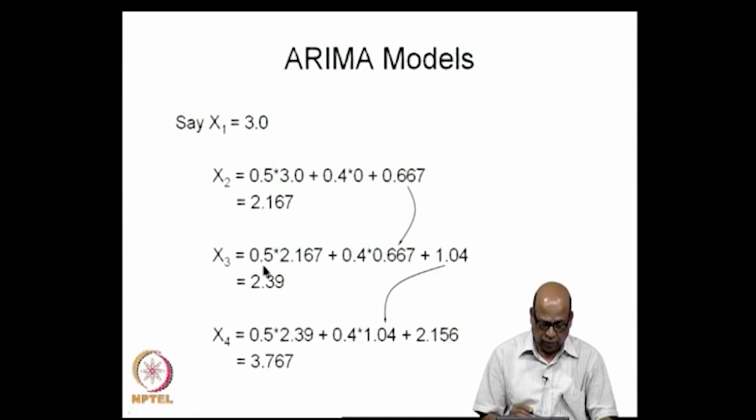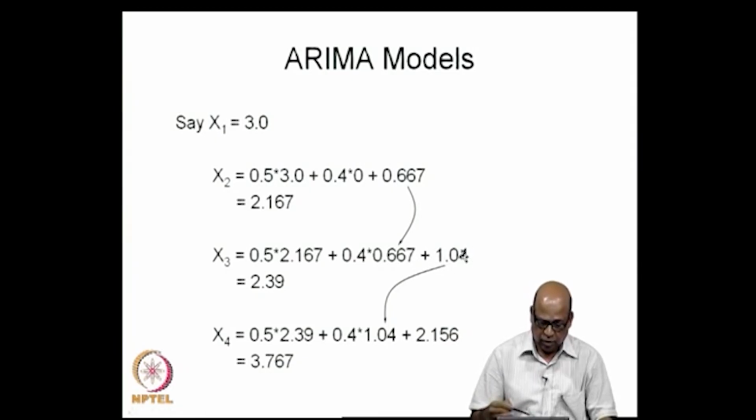When I go to generate x 3, I write phi 1 into x t minus 1, which is x 2, this 2.167, plus theta 1, 0.4, into E t minus 1. E t minus 1 is the random term that you have used in generating the previous value. So, that becomes 0.667 plus E t.